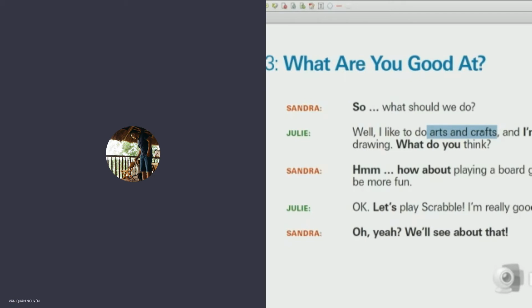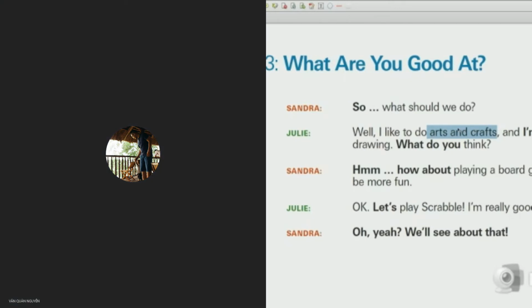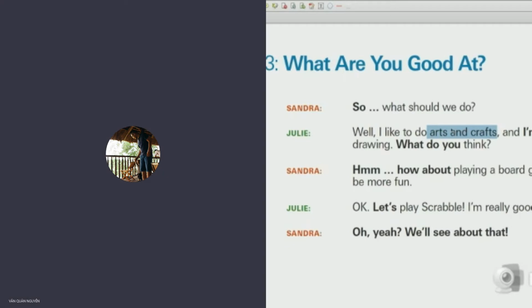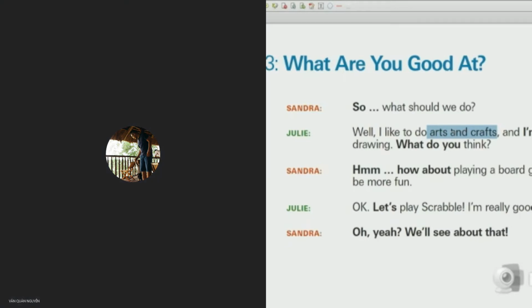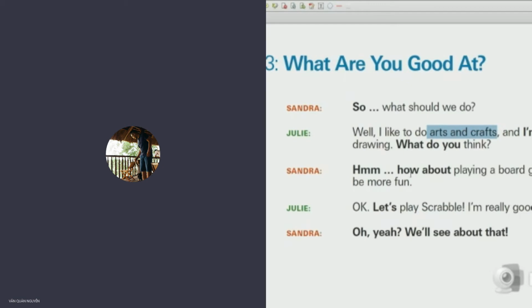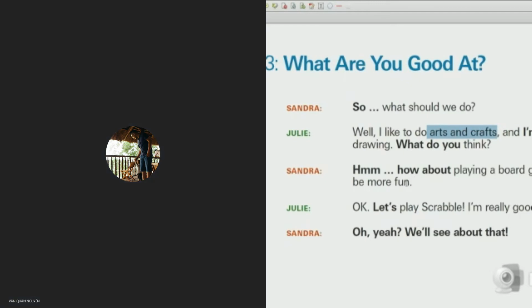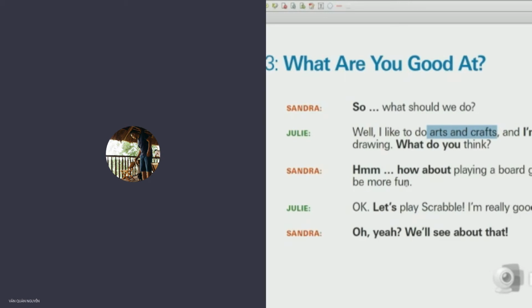So painting and making things like picture frames and origami. So these are pastimes. I see. Okay. Anything else?